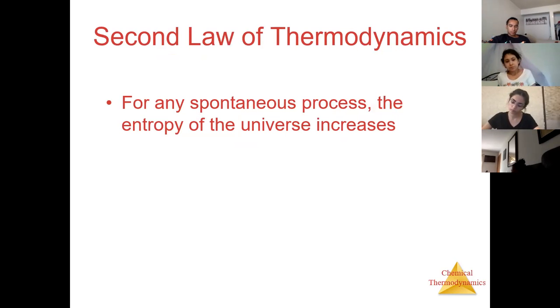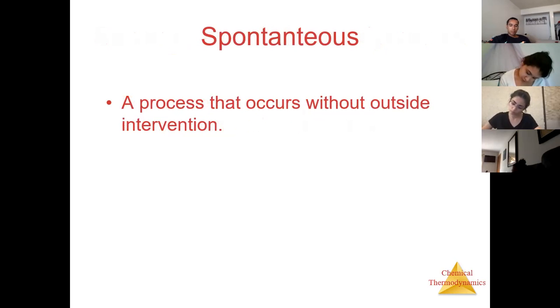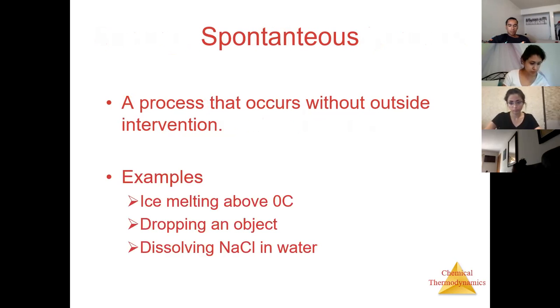That's a spontaneous process. Spontaneous means it happens right away. It occurs without outside intervention. Spontaneous process is something that occurs without outside intervention. Examples: ice melting above 0 degrees.